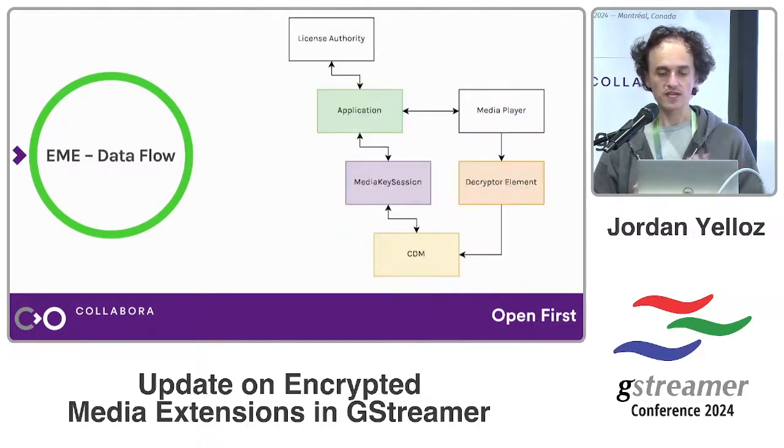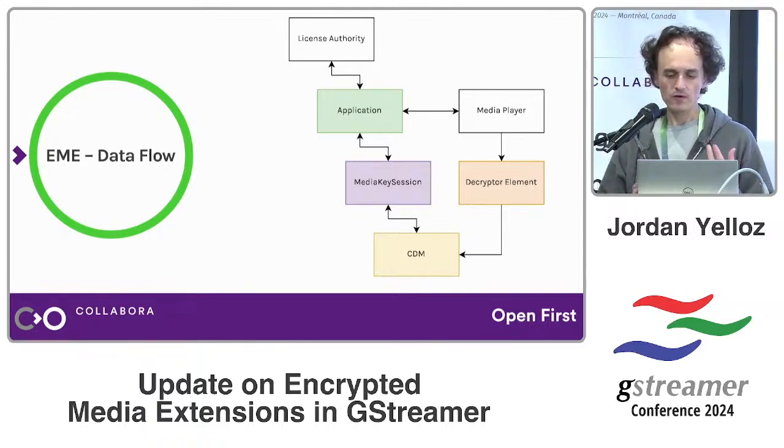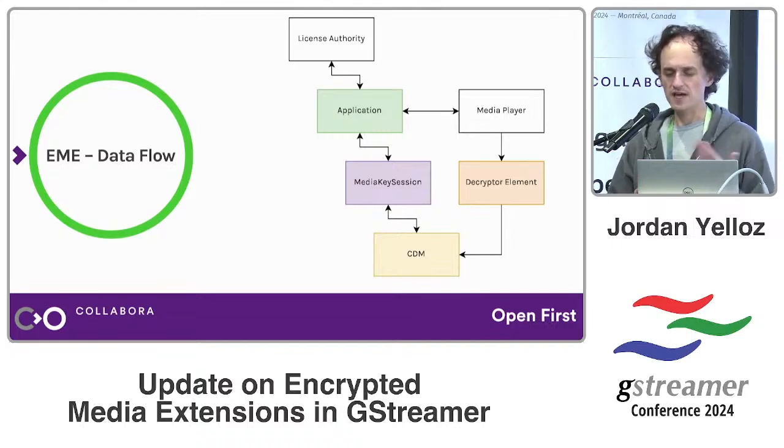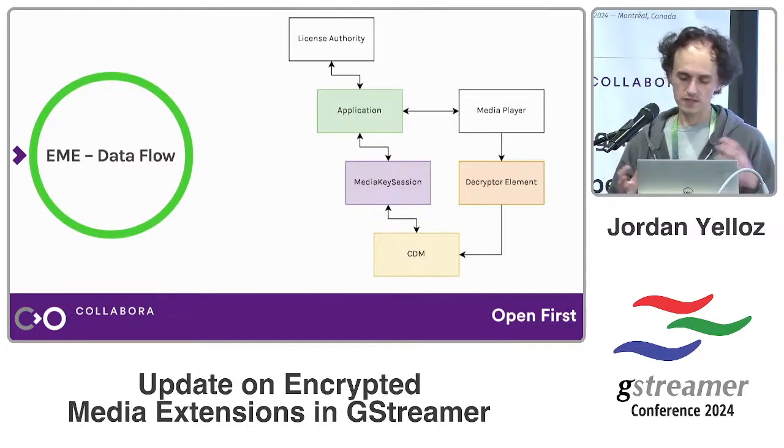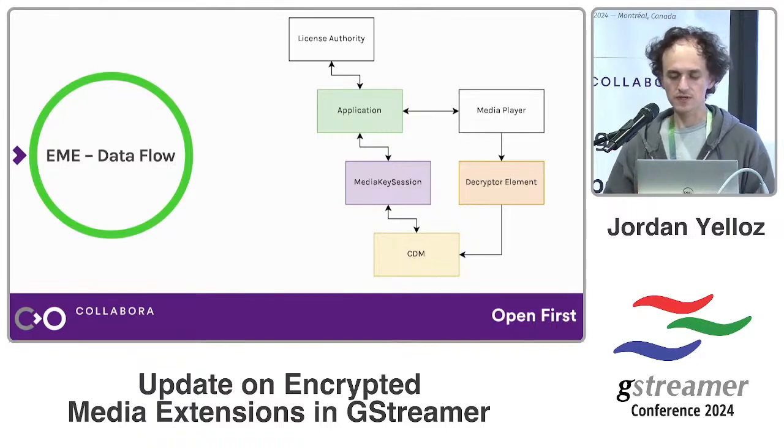How actual data flows here is that whenever encrypted content is encountered, the application is responsible for contacting the license authority and providing the information that the rest of the system needs to decrypt it. This is all part of the specification, and this is the typical model used to do this.